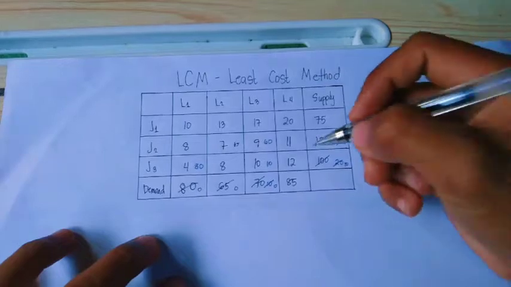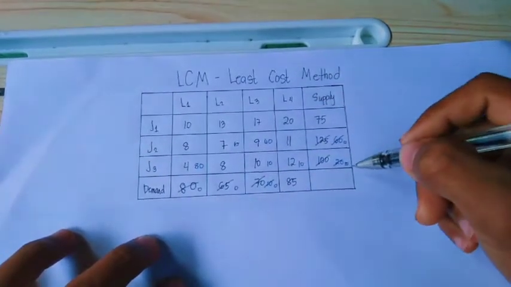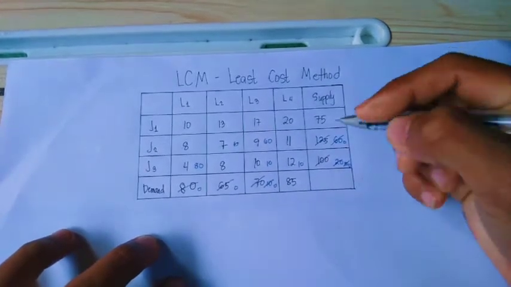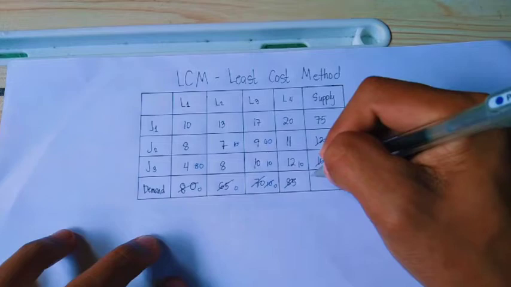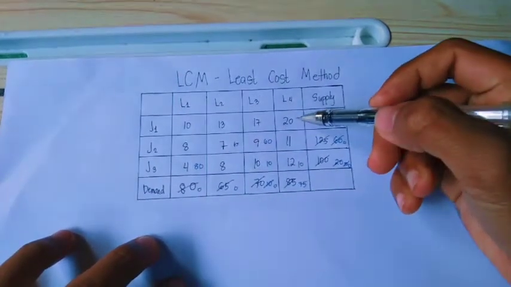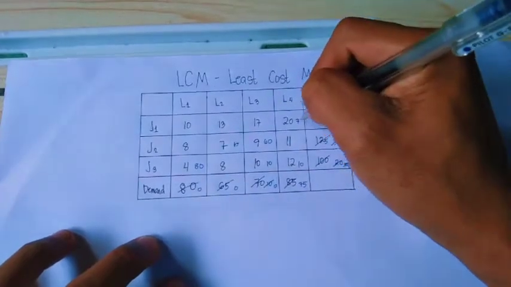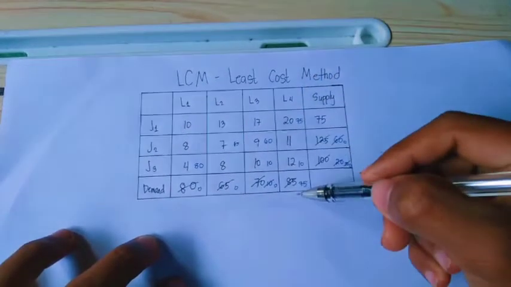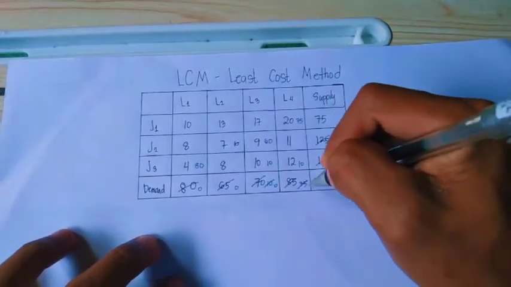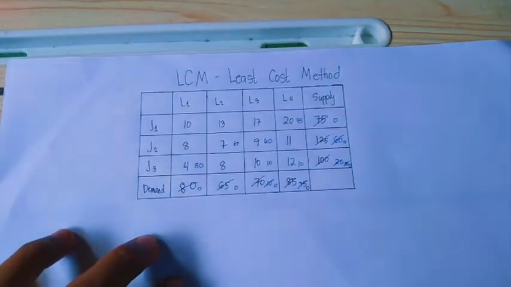So we will put 10 here since the remaining supply is 10, so 0, and subtract it here 75, and the last value is 20. So we will put 75 here to satisfy our demand and our supply. So we will cross this out and it becomes 0 since they are both satisfied.